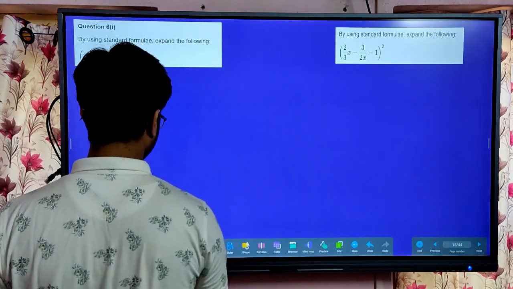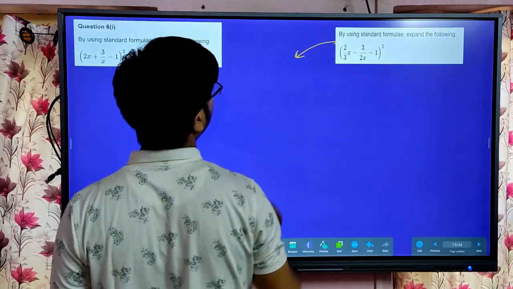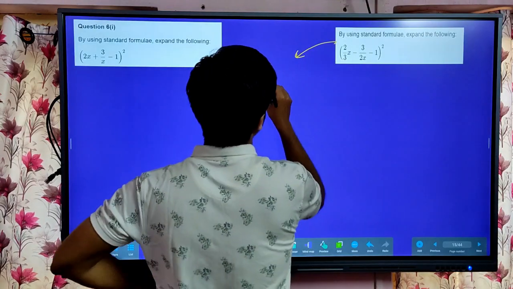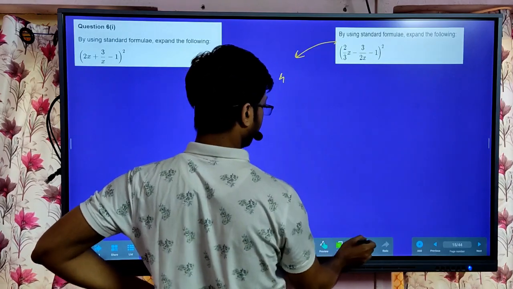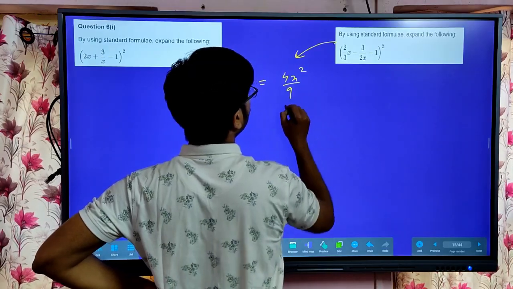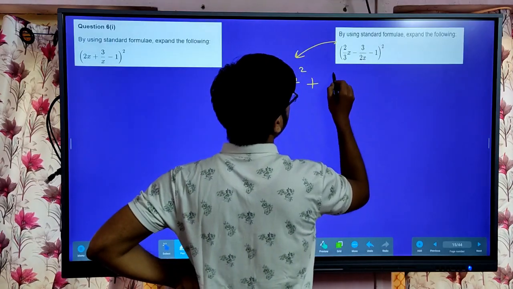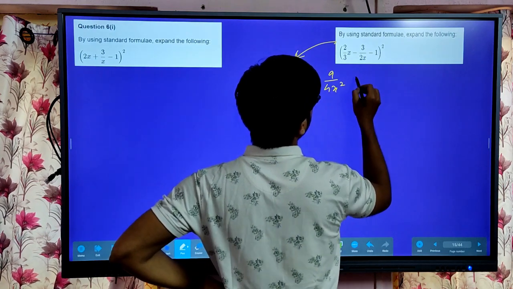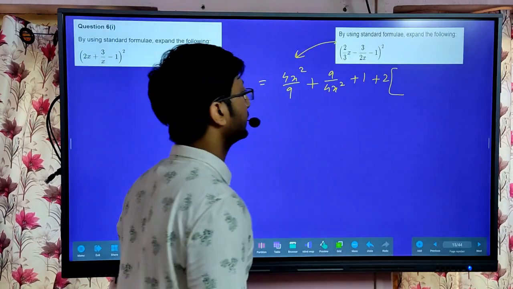Okay, so let us do this problem. This one. So it is 2x by 3, so a minus b minus c, so it will be 4x square by 3 square is 9, plus 3 means 9 by 4x square, then it is 1 square is 1, then it's plus 2, then it will be with sign.